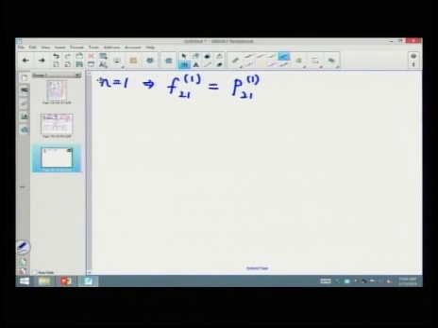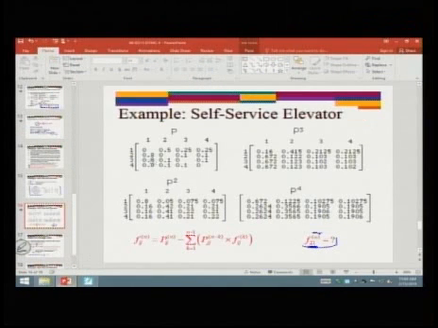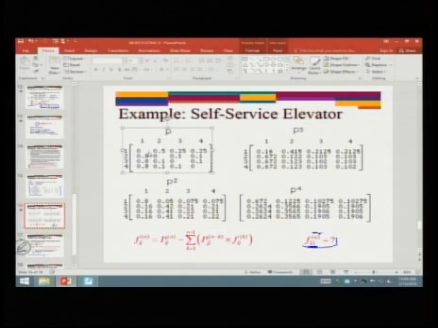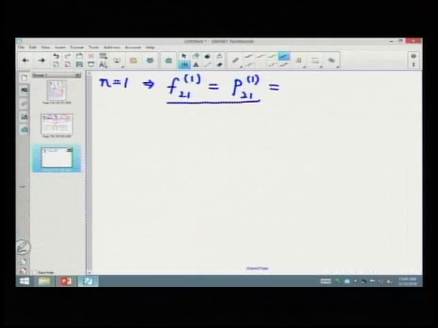That is always true. So what is this value? That's going to be 0.8 here. So that's going to be 0.8.